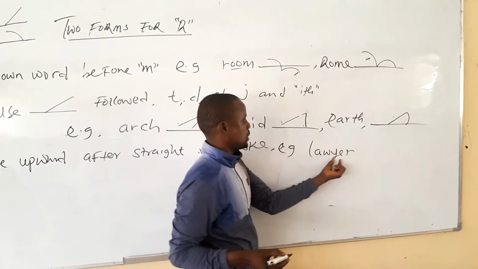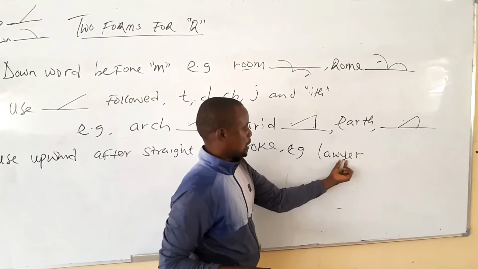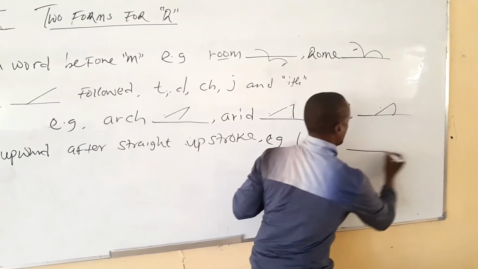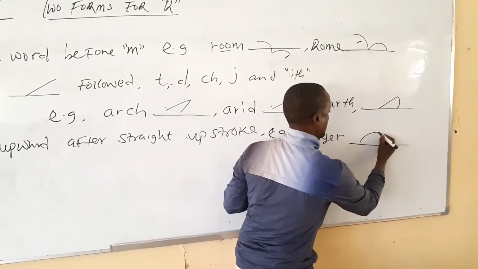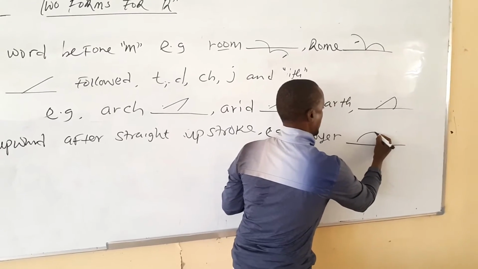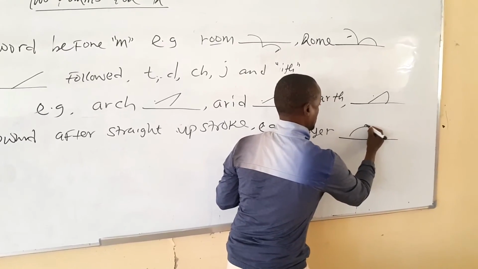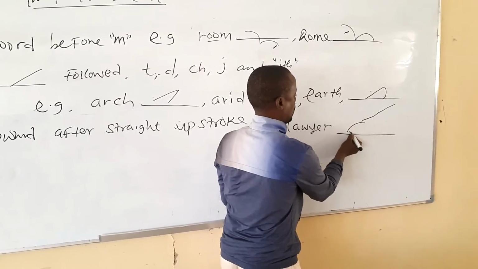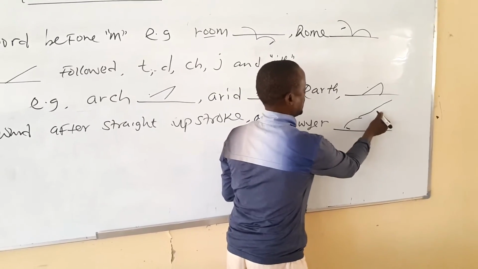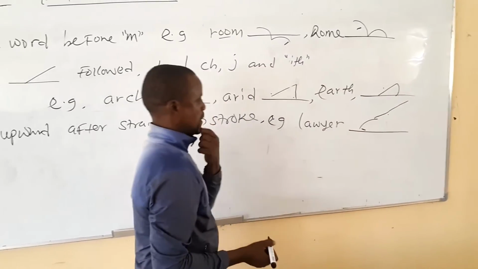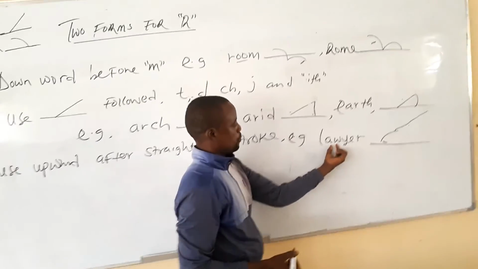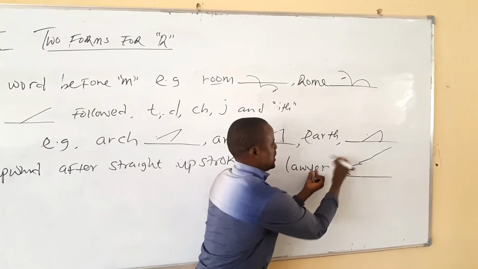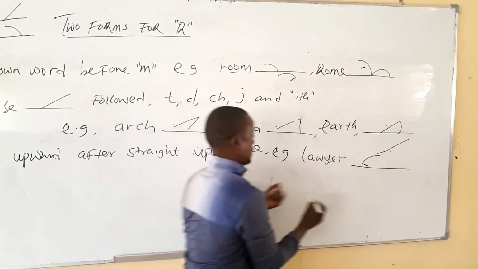So that is why we say after a straight up stroke, you are going to use upward R for lawyer. Lawyer is like this: this is L, then we have your ye, which is like this, then you will have your upward R, lawyer. As you can see, this is a straight up stroke, which is ye, immediately followed by upward R. You can see it like this.